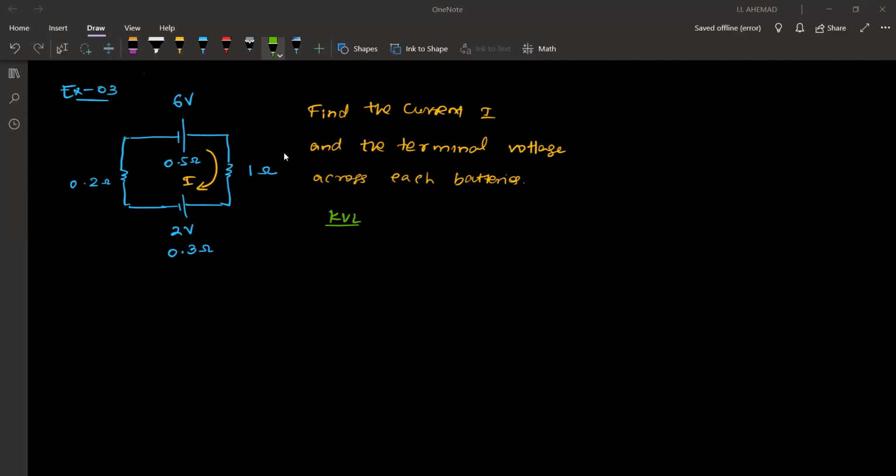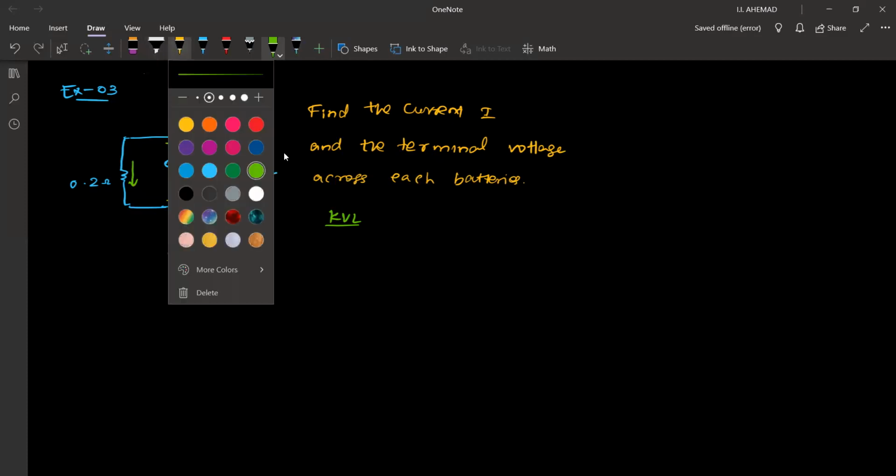Here we have a rise. The voltage will drop across this resistor because the current is going in this direction, and here it will drop in this direction. So what is the sum of the EMF?